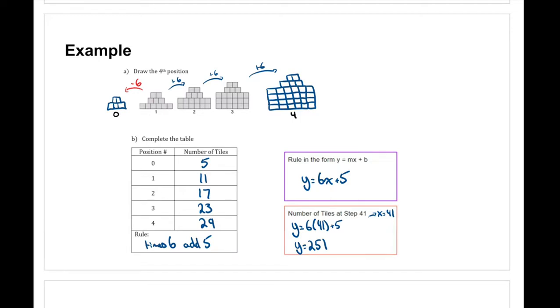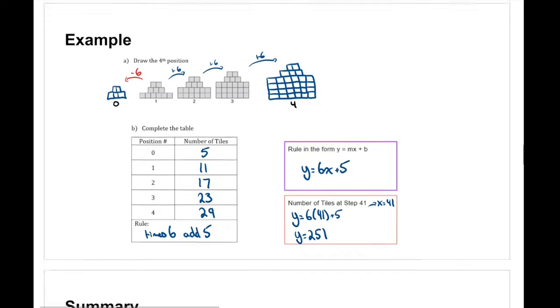So if I put this into a specific mathematical form, it'd be y equals 6x plus 5. And then at step 41, or basically when we're saying x equals 41, we have 251 tiles, or y equals 251. So good. Hopefully you were able to come up with that. If not, again, let's make sure you copy this down.